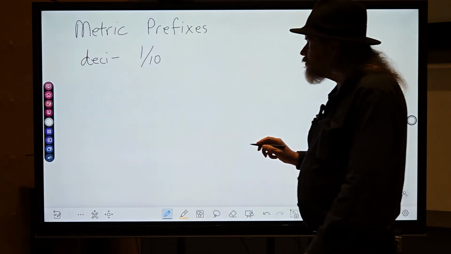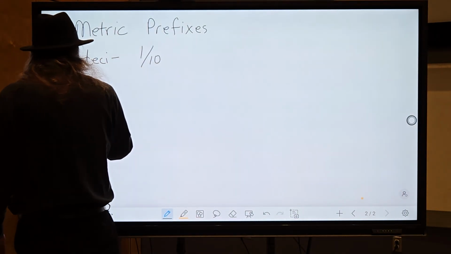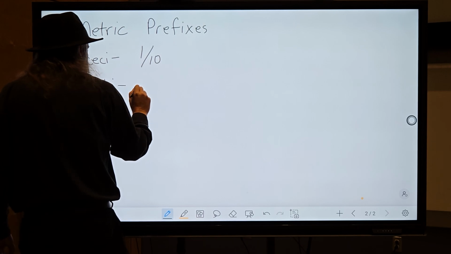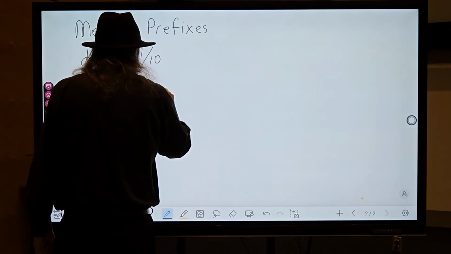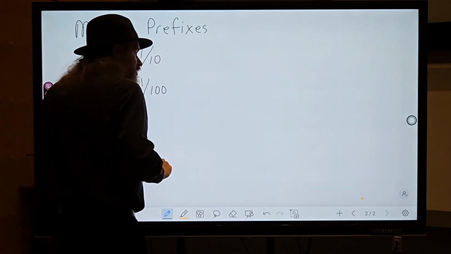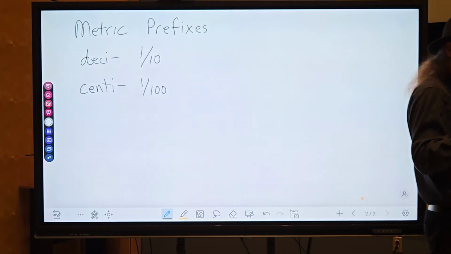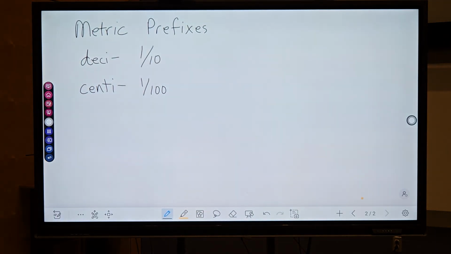Centi, which is 1/100th. Like a centimeter is 1/100th of a meter. Actually, the definition of an inch is 2.54 centimeters. So while we use inches, it's technically defined by the metric system.